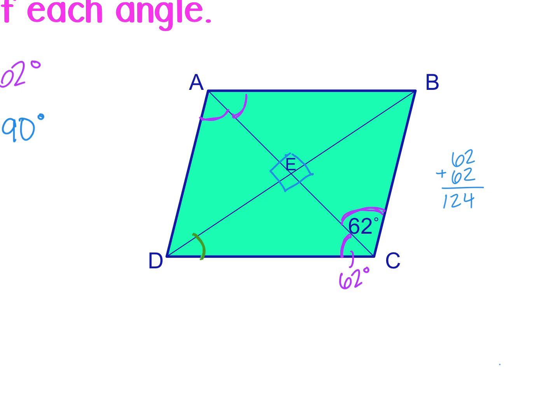And because I know that entire angle is 124, what do you think I should do next? Good. I'm going to subtract it from 180. 180 minus 124 is going to give me 56. So I know that this entire angle is going to equal 56. But do I want the entire angle? I only want half of it. So now what should I do? 56 divided by 2, what would that give me? 28.